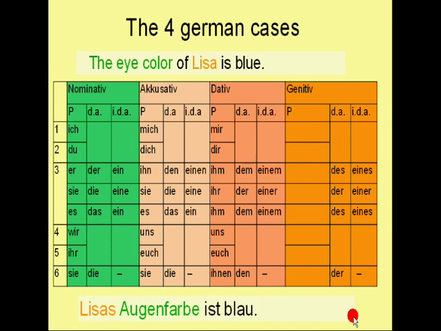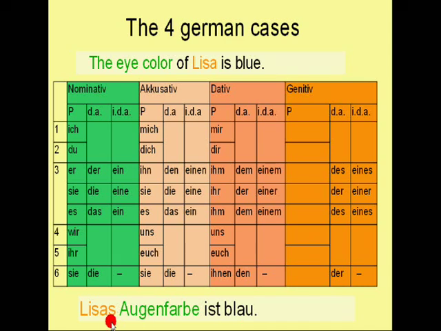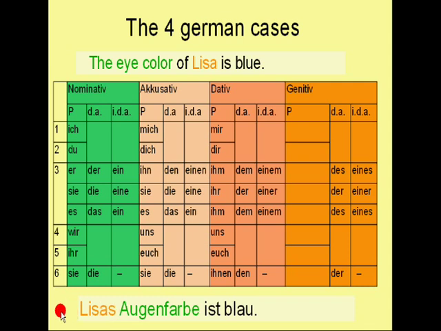We could also change the word order in German, which is more usual for proper names, as I told you before, and then we would put the sentence like this, Lisas Augenfarbe ist blau. And as you can see, the name Lisa still has the additional S, because Lisa still stands in the genitive case. This sentence would be the equivalent to the English sentence, Lisa's eye color is blue.